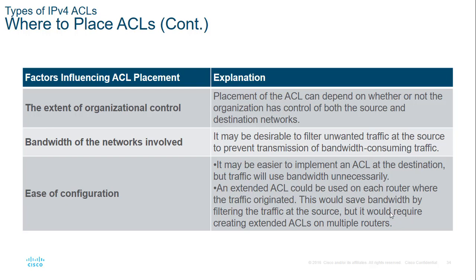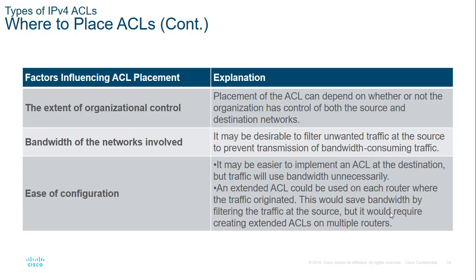You want to look at bandwidth. It may be desirable to filter unwanted traffic at the source to prevent it from consuming all of your company's bandwidth. And sometimes it's just easier to put an ACL at the destination, even though it might restrict your bandwidth.